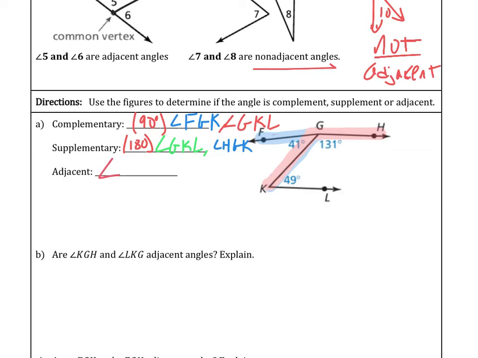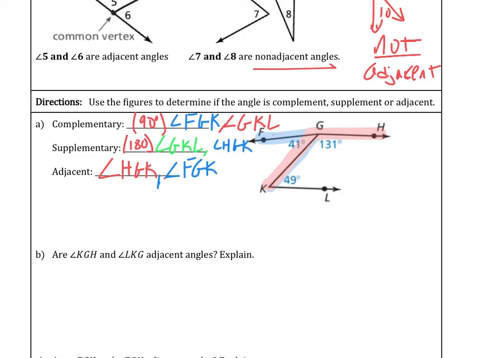Those are adjacent. The red angle HGK and the blue angle FGK. Don't forget your angle symbol in there. So those are adjacent. They share a vertex and they share a side.